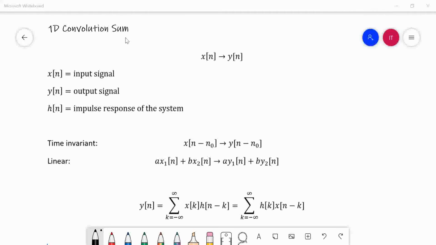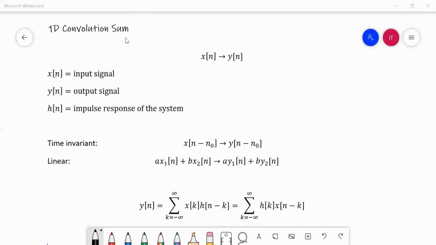And linear means that if two input signals are added together, then the outputs are added together also. And if a signal is multiplied by a constant number, then the output is multiplied by the same number.